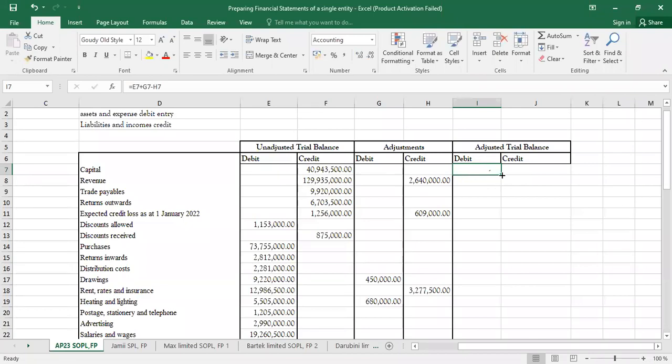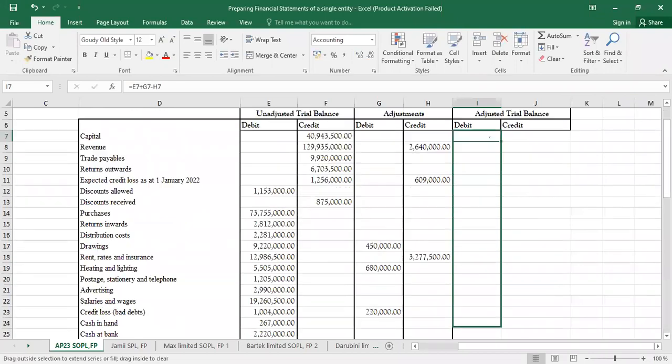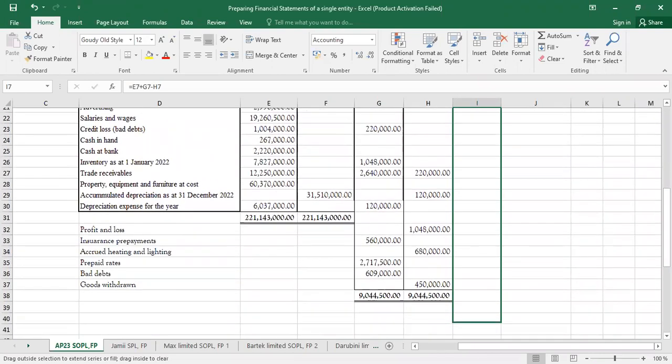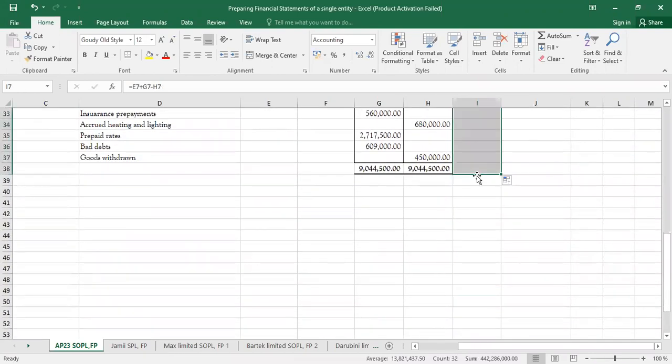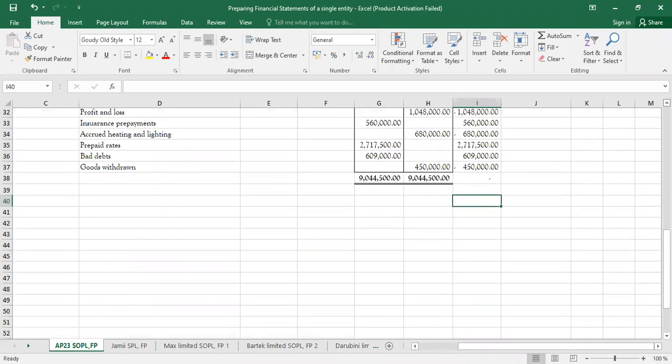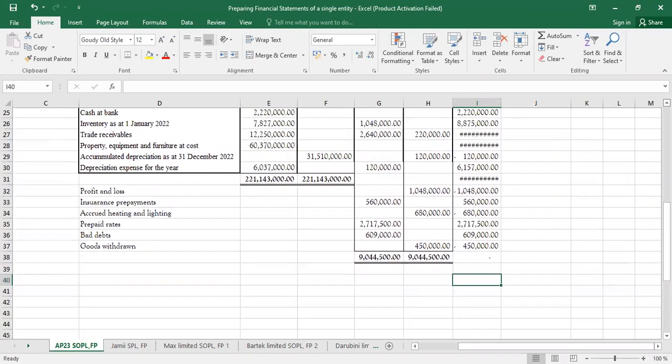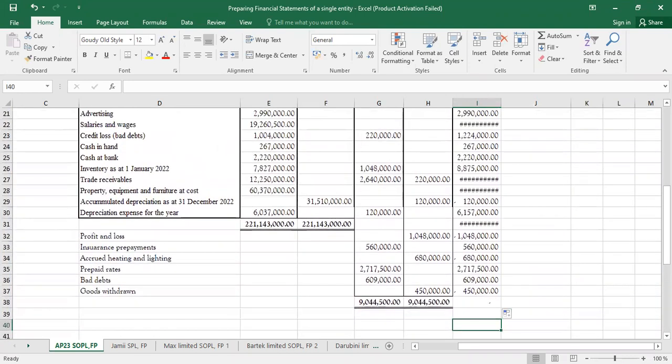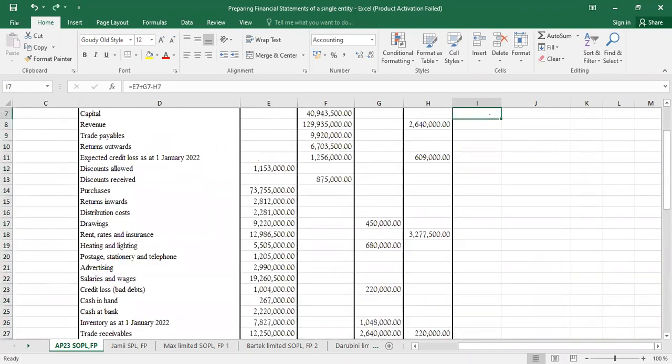Then I'll drag down up to there, isn't it? Sorry, there are some sums that I'm missing. Control Z, go back, isn't it?